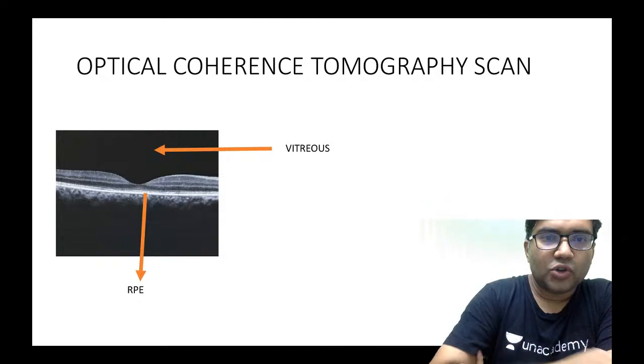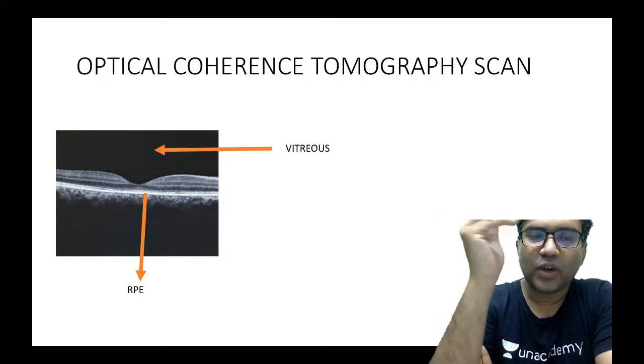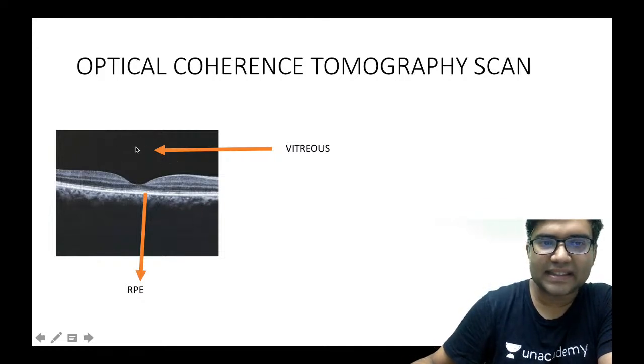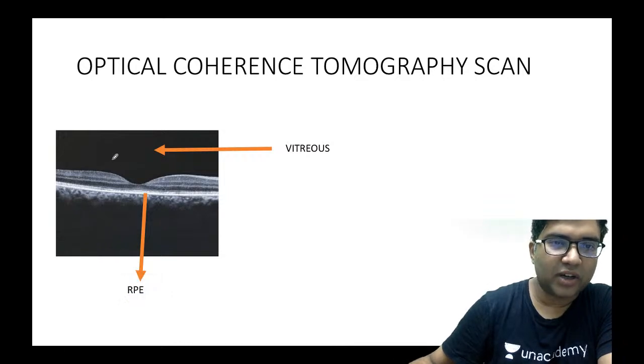Okay, so this is a picture of optical coherence tomography. Can you appreciate this picture? The black color that you are seeing is the vitreous, and the layer which is in contact with the vitreous, Dr. Anurag, can you tell me what this layer is?